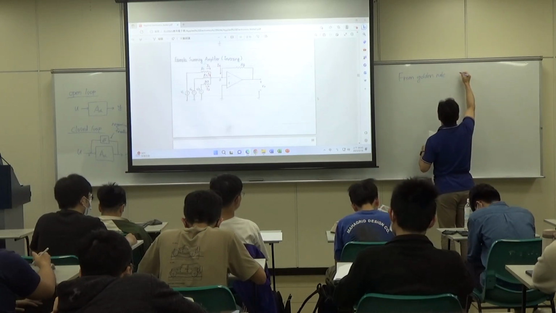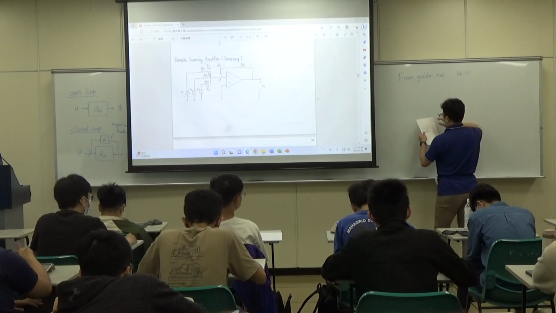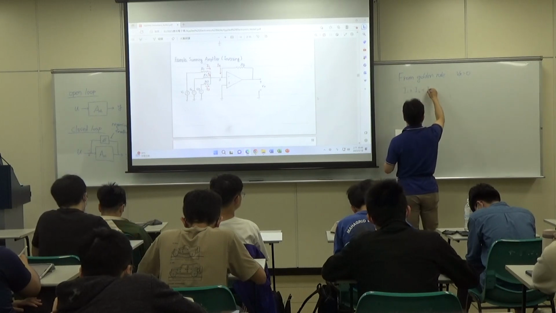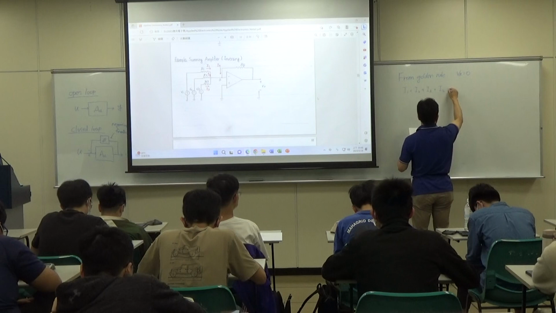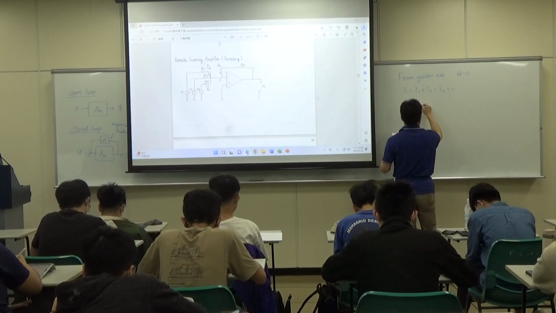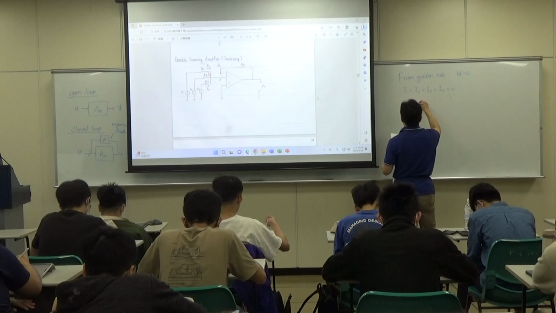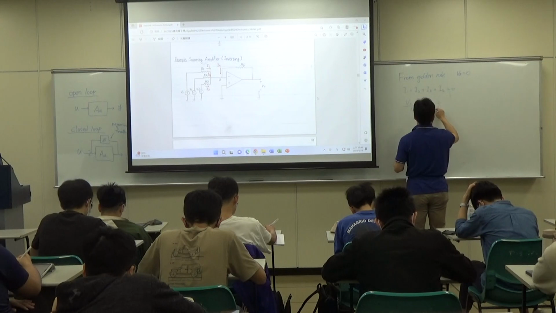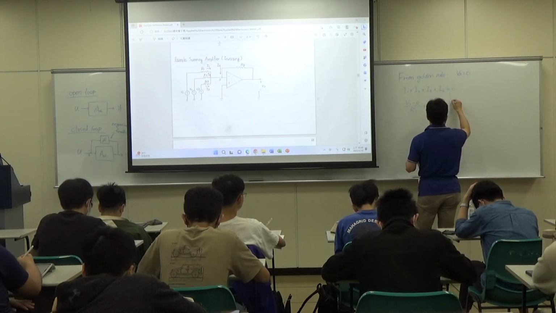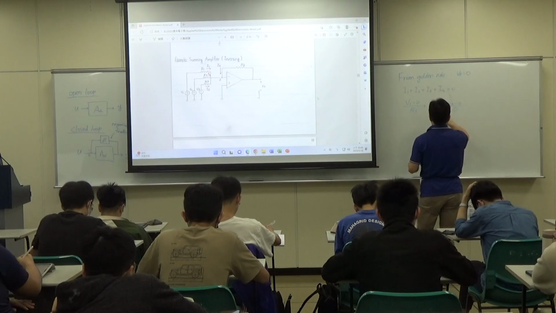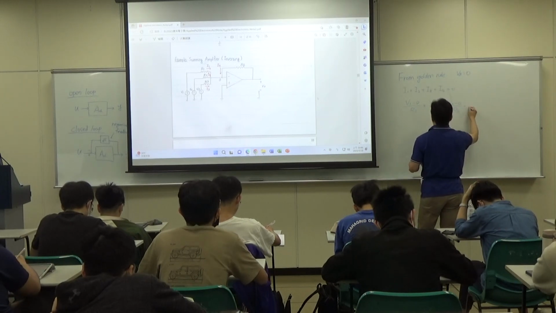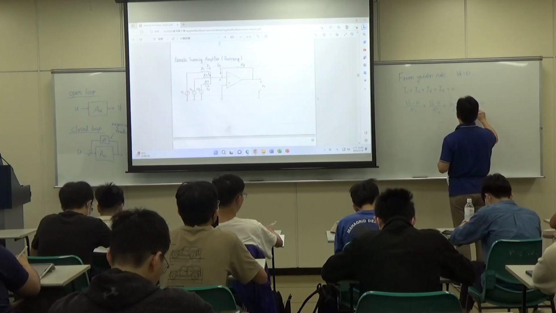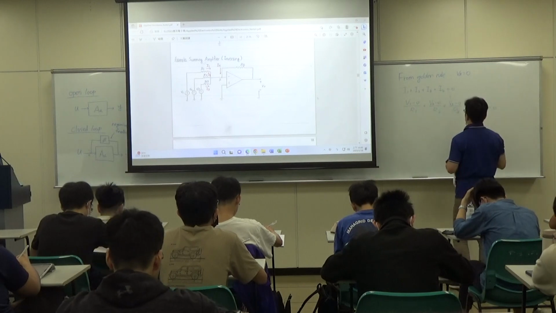we know VA equals 0, and then we have I1 plus I2 plus I3 plus I4 equals 0. So we have V1 minus 0 divided by R1, V2 minus 0 divided by R2 plus V3 minus 0 divided by R3 plus I4, which is VO minus 0 divided by RF, equals 0.